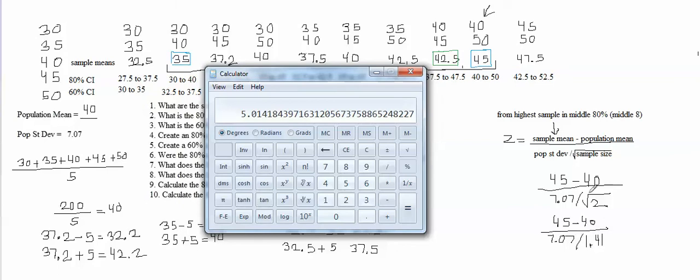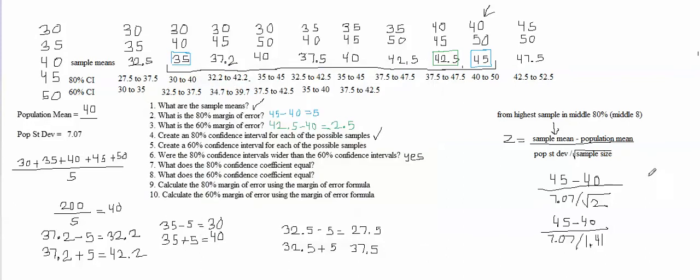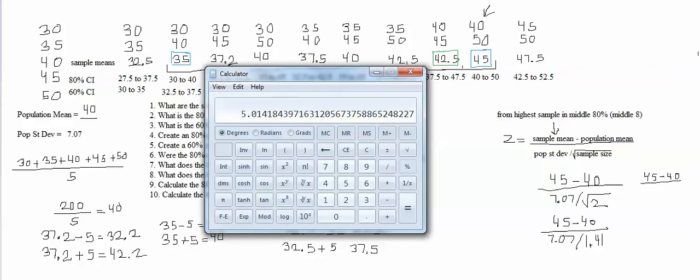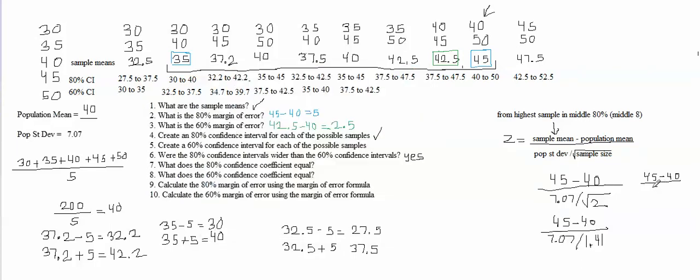I'm running out of space, so I'm going to have to continue this up here. So when we divide this by this, we get about 5.01. Now we have to take care of the top of the fraction. 45 minus 40 is 5. We have 5 over 5.01.